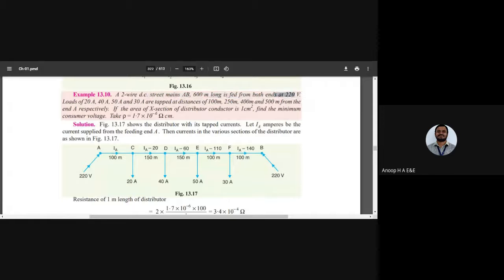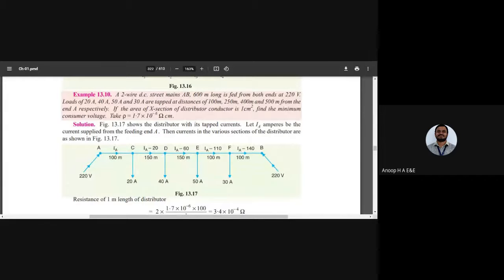It means you have equal voltages there, which is 220 volt DC supply. Now you have the loads of 20 ampere, 40 ampere, 50 and 30 amperes, which are at distances of 100 meter, 250, 400 and 500 meter, 1, 2, 3 and 4, from end A. If the area of cross section of the distributor conductor is 1 centimeter squared, find the minimum consumer voltage and take rho as 1.7 into 10 power minus 6 ohm centimeter.